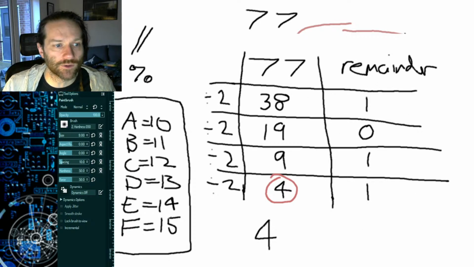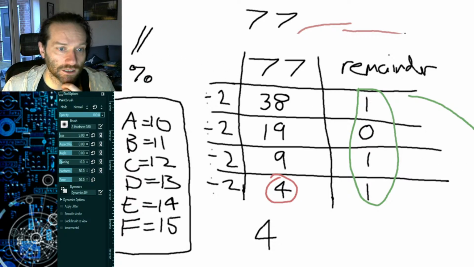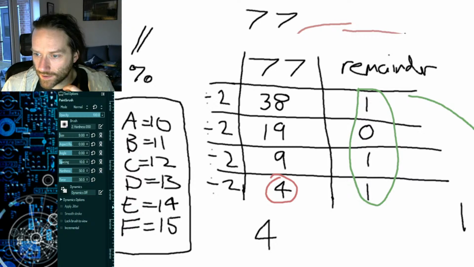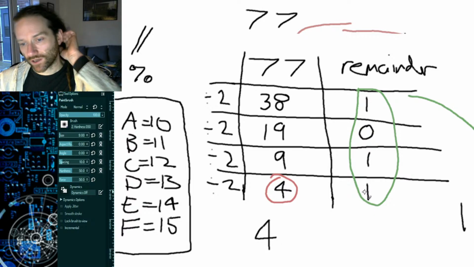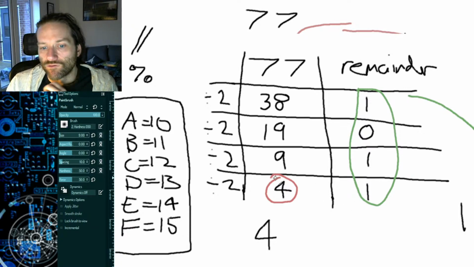So what do we now do with this remainder? Well, the whole of this remainder is effectively our second digit. But we need to rotate it round this way, to give us 1101. Down here is the most significant number, because this is the remainder of this number divided by 2.